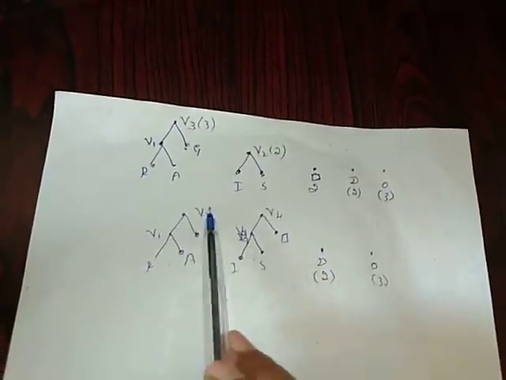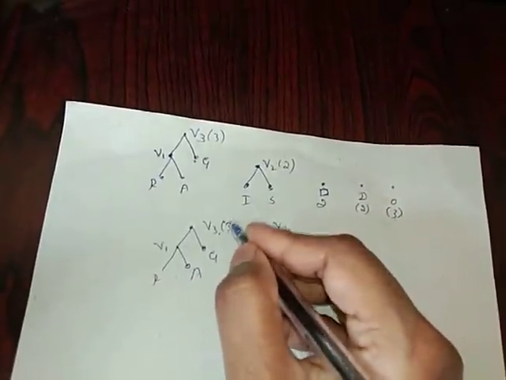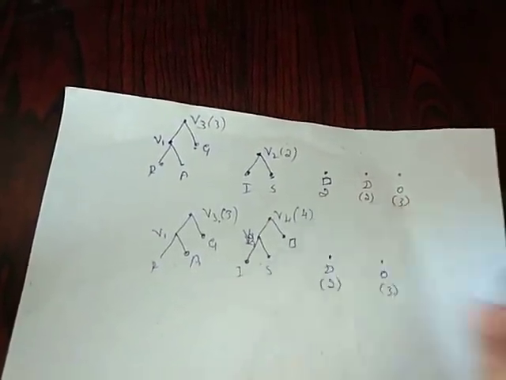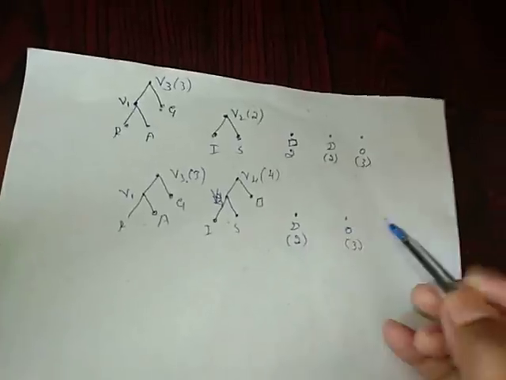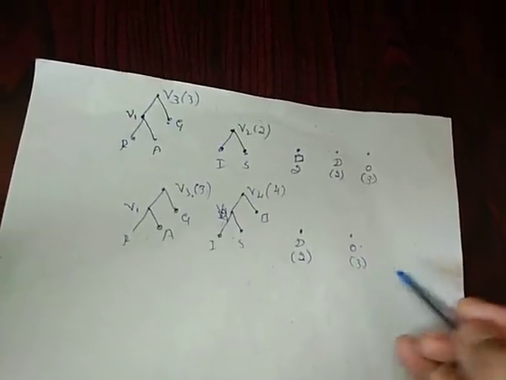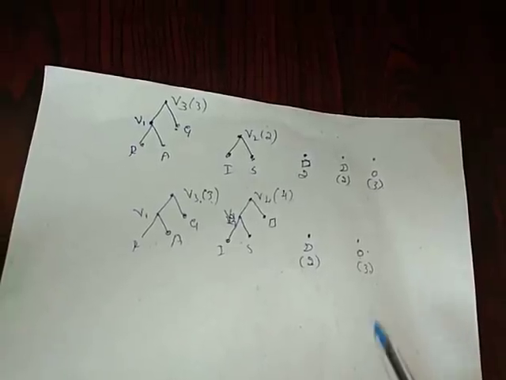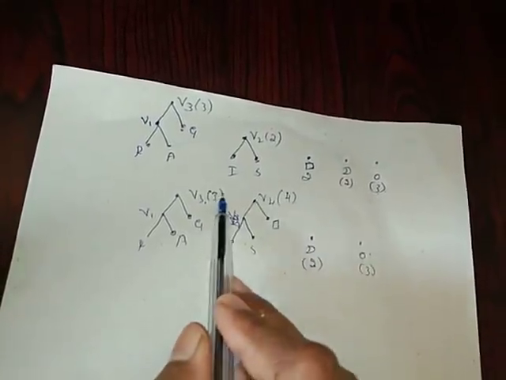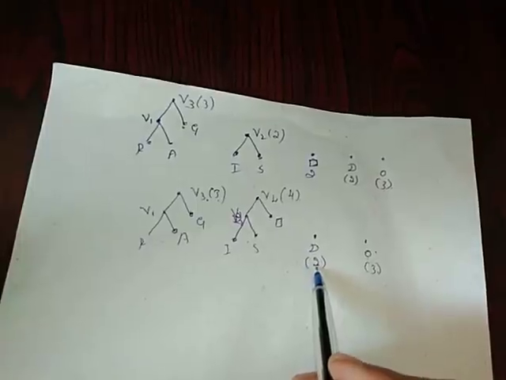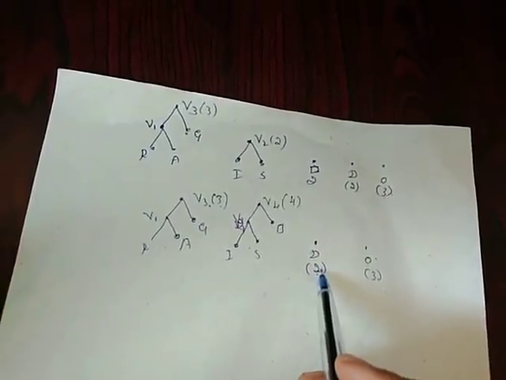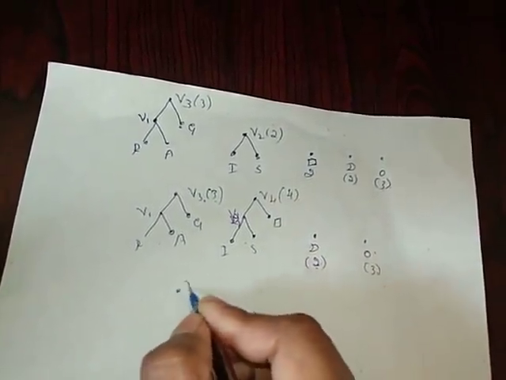Now among the V3 having a weight 3, V4 having the weight 4, D having the weight 2, O having the weight 3, the two minimum weights are 2 and 3. Add 2 and 3, that becomes a 5. Assign a 5 as a weight to the new vertex V5.